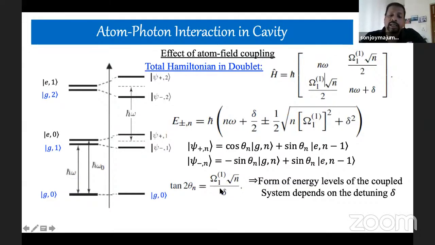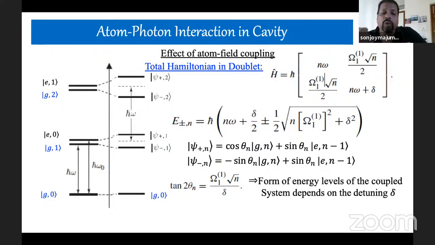And if delta is very small, we will get almost close to the resonance energy. That means you are bumping into the resonance condition. Once you are bumping into the resonance condition, it's like a switch: you will get the system in the excited state. That's all. If you get the excited state, then from there you will get the spontaneous emission.